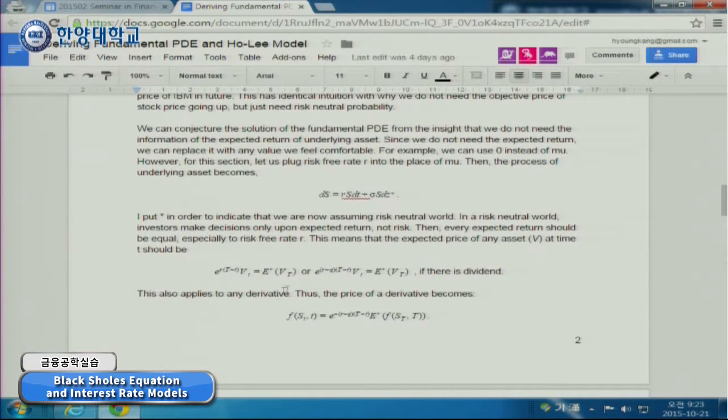Okay. If there is a dividend, the expected capital gain should be reduced by the amount of the dividend. If you invest money in the bank, you have this amount, e^{r(T-t)} V_t. But if you invest in the derivative, you will have a capital gain at maturity, and in the meantime, you also get the dividend.